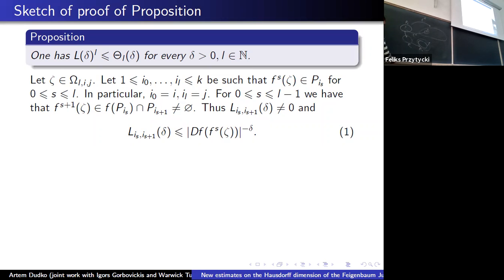So here, for instance, we have F of zeta. Now we denote by L of zeta, delta the product of all elements of the Macmillan matrix on this trajectory.